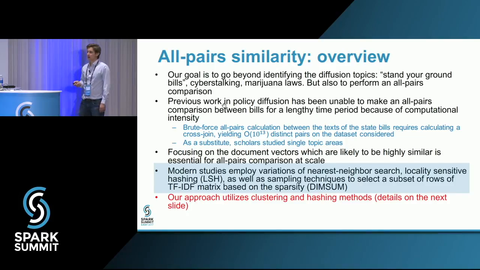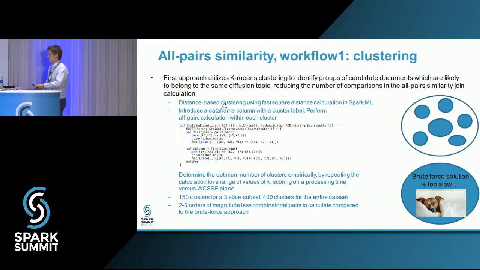It's called DIMSUM, but it's not quite applicable in our case. Our approach uses the hashing and clustering techniques. And the first approach is based on the Kmeans clustering. Kmeans clustering is used to identify candidate documents which are likely to belong to the same diffusion topic. Here, the tricky part, I suppose, from the researcher perspective, is to tune the number of clusters to split into, which we do using the elbow method.